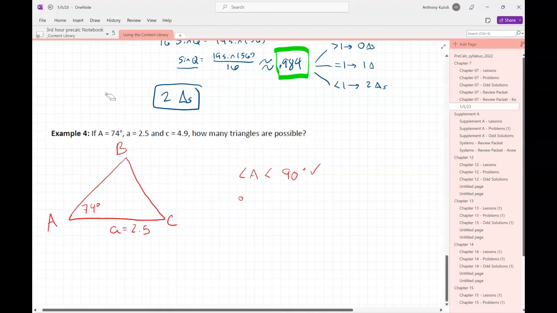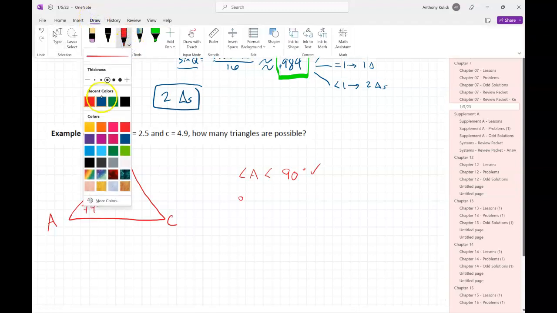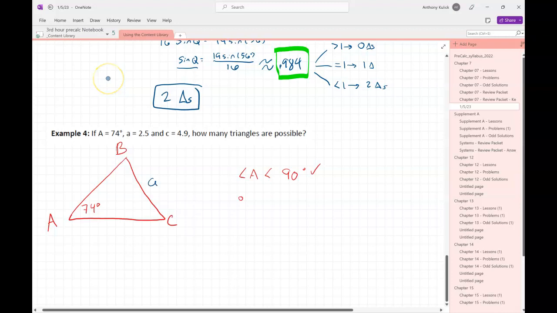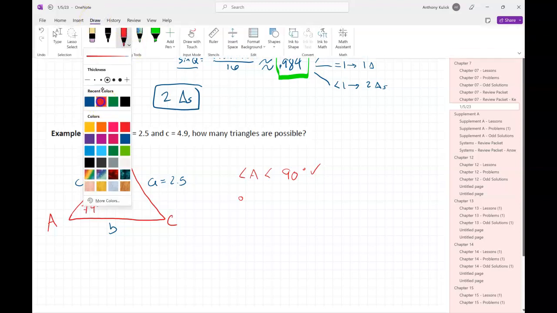Look what I did. Did I put those in the right spots at all? No, it's just getting lost. I don't know what the heck is going on here. That makes a heck of a lot more sense. All right.